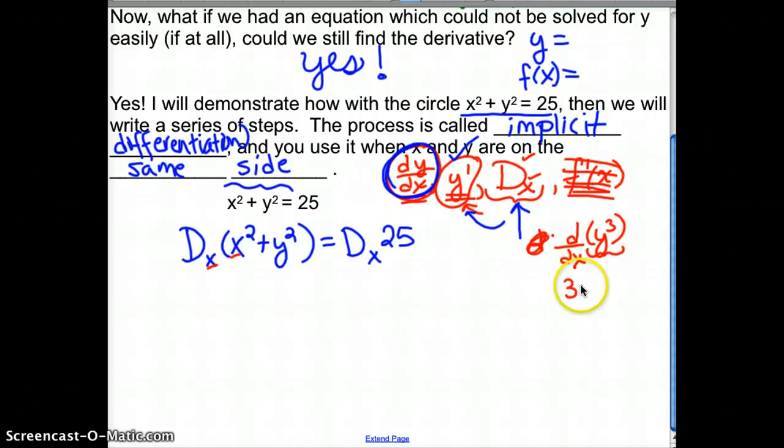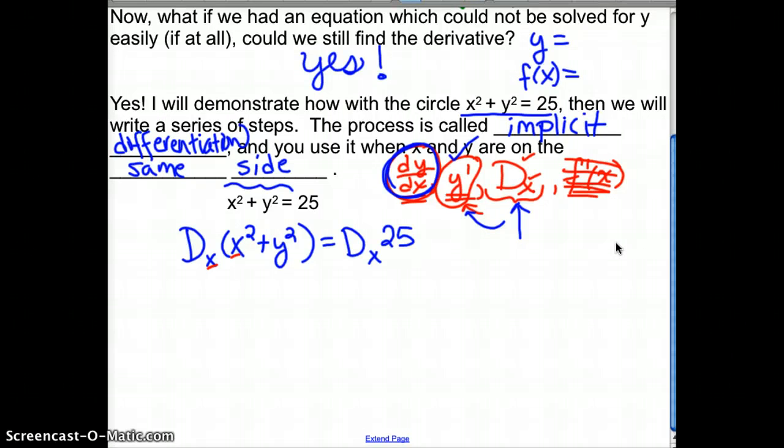You'd say, well, it's 3y squared using the power rule, but then I have to take the derivative of that inside function. You consider y a function of x. So you say it's 3y squared times the derivative of y with respect to x, or as we've been writing it, 3y squared times y prime. So when the variables don't match, you treat it as the chain rule.